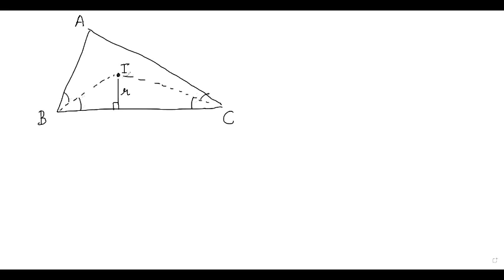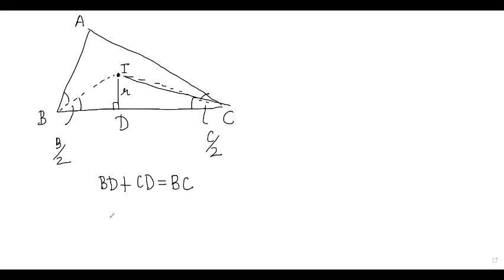That is how we constructed our incenters. So this is B by 2. This is C by 2. This point is labeled D. So BD plus CD is equal to BC, right? BC is called A, and BD can be written as r cot B by 2 plus r cot C by 2.